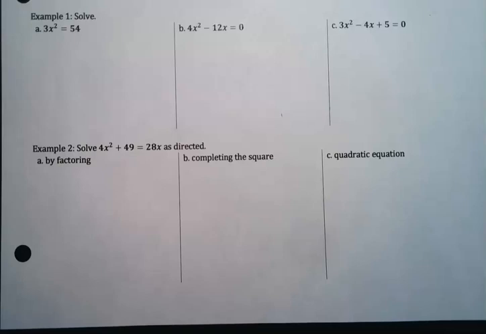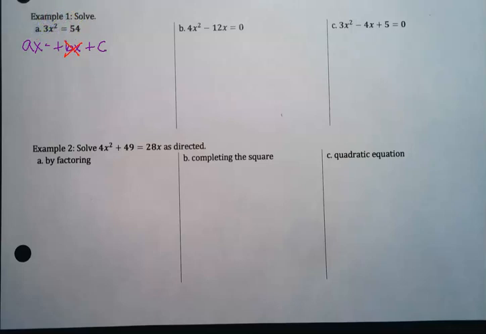If you'll notice, if we compare this to our ax squared plus bx plus c idea, we don't have a b. There is no b value. So a simple way to solve this would be to take the root of everything. Solve by taking roots. I needed to rewrite it.